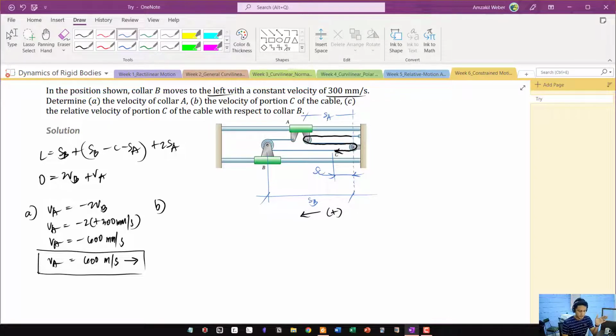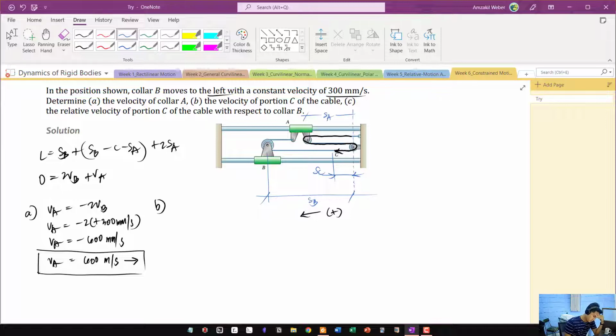Again, let's check if SC is an absolute position. Is it an absolute position? Maybe. We can check later. Okay, let's continue.